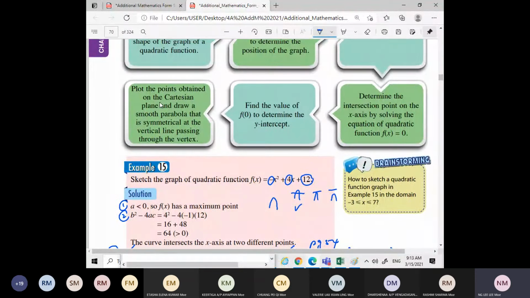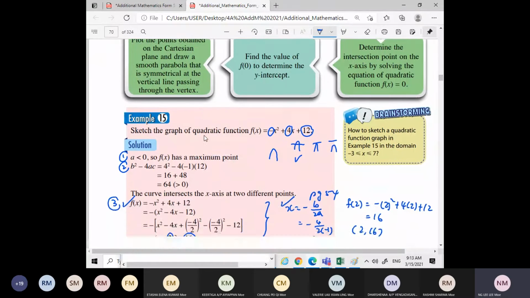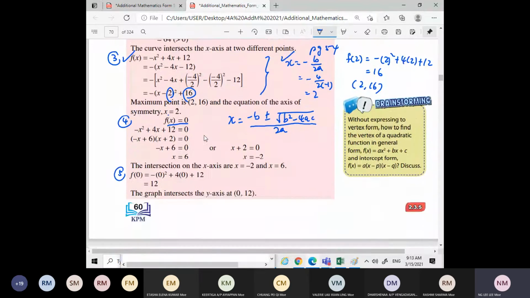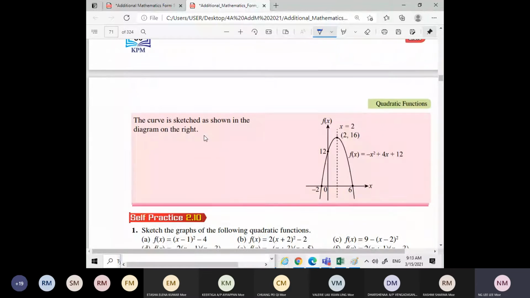plot the points obtained on the Cartesian plane and draw a smooth parabola that is symmetrical at the vertical line passing through the vertex. So we see the answer. We want to put in from step 1 until step 5 all the points that we have, to get this last step 6.